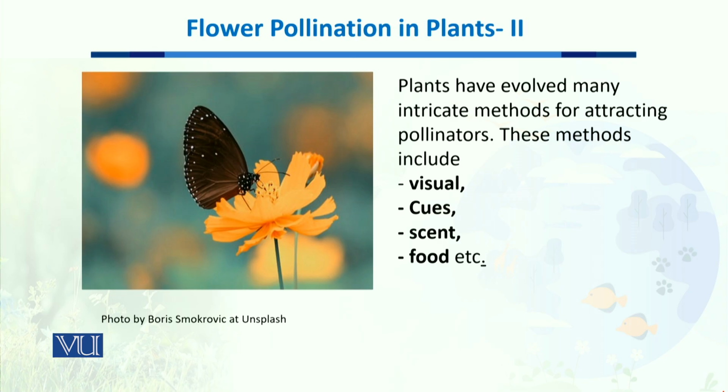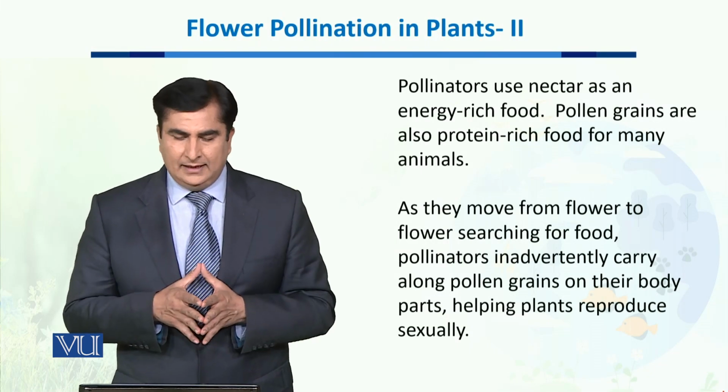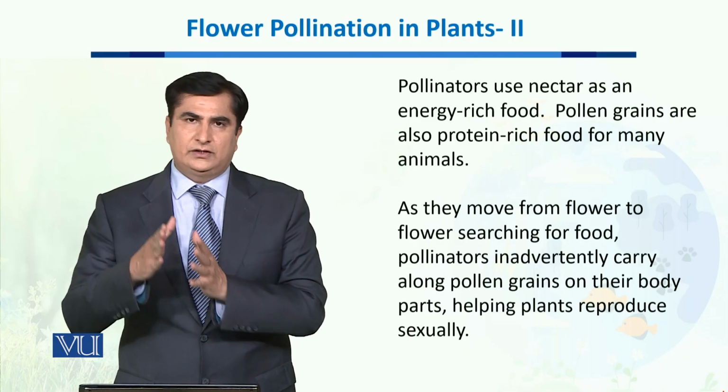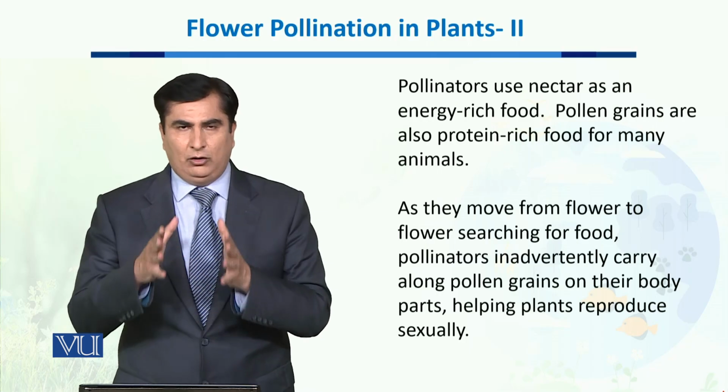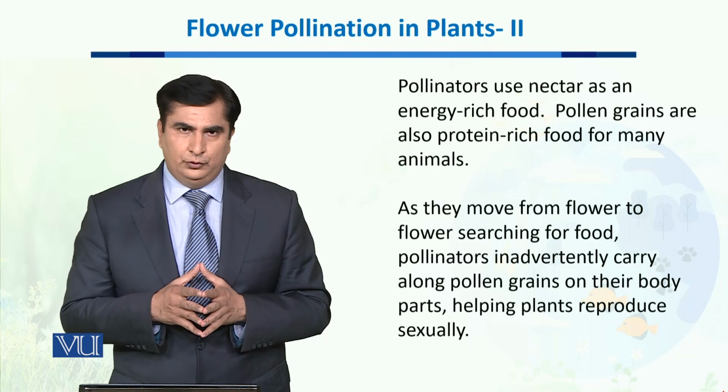Now, these pollinators come to the flowers in order to get nectar as an energy rich food, and also certain pollen grains, which are also used by certain pollinators as part of their food.